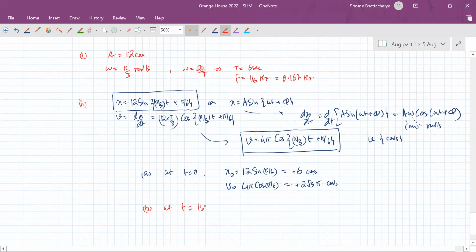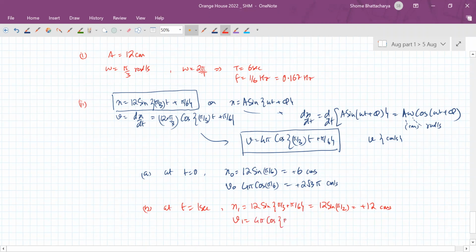At t equal to 1 second, you can see x will become 12 sine pi by 3 plus pi by 6. That is 12 sine pi by 2. So it's plus 12. It's at the positive extreme. Whereas v will become, sorry, 4 pi into cos of pi by 2.